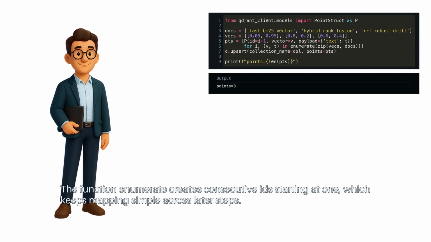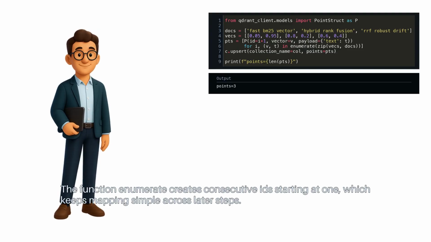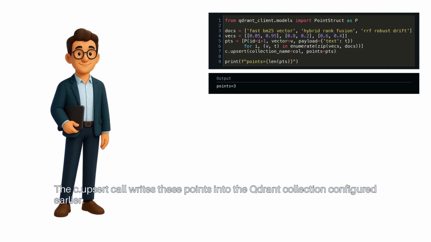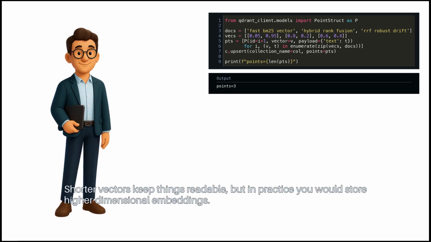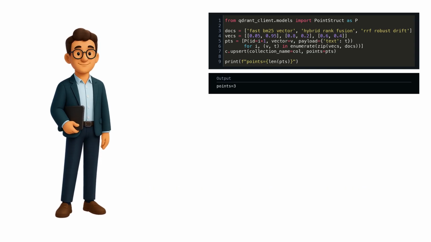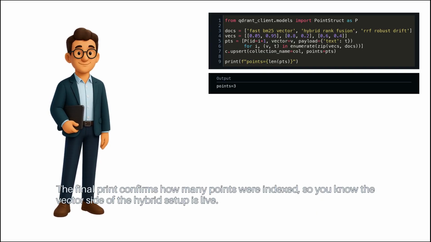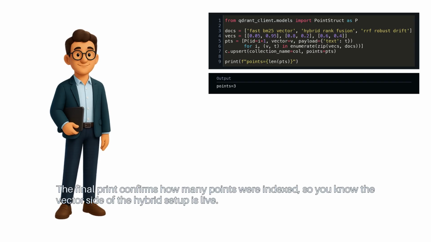The function enumerate creates consecutive IDs starting at 1, which keeps mapping simple across later steps. The c.upsert call writes these points into the Qdrant collection configured earlier. Shorter vectors keep things readable, but in practice, you would store higher dimensional embeddings. The final print confirms how many points were indexed, so you know the vector side of the hybrid setup is live.